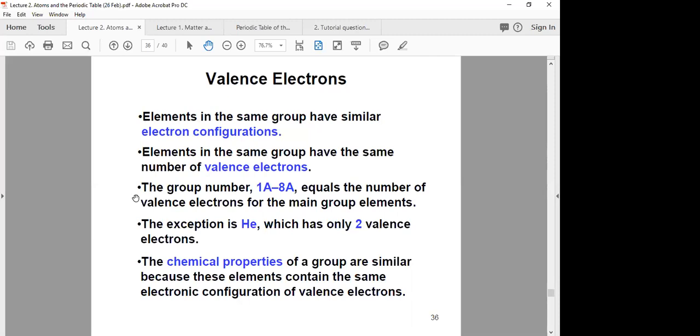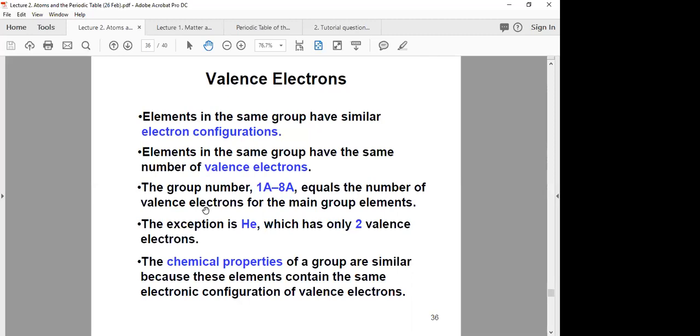For example, we can use the group number 1A through to 8A to tell us how many valence electrons a particular element has, where the group number equals the number of valence electrons only for the main group elements.